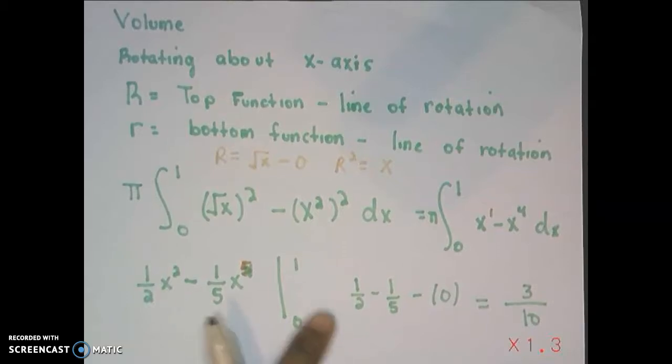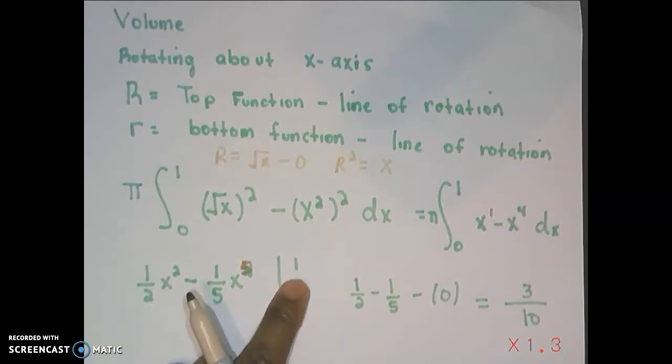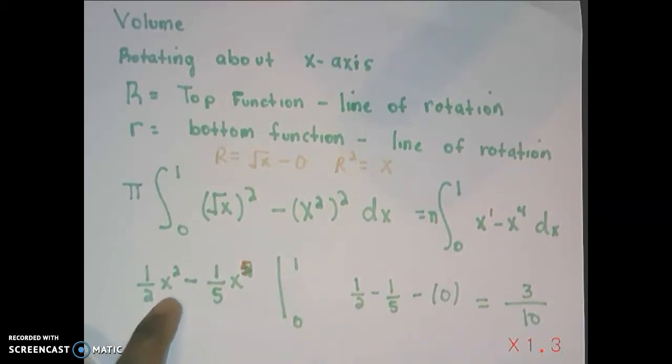And so now everywhere I see an x, I'm first going to plug in a 1. Well, 1 to any power is going to be 1. So I get 1/2 times 1, which is going to be 1/2. And 1/5 times 1 is just going to be 1/5. Then when I plug in 0, I get 0.